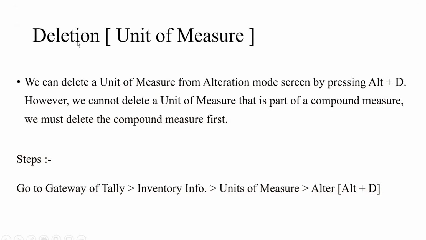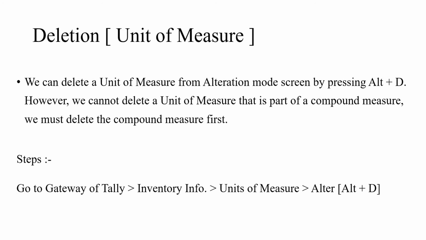The last one is regarding deletion, that is how to delete units of measure. We don't have any delete option, but we can delete units of measure using the alter option, and we have to make use there of the shortcut key, that was Alt plus D, D to delete.